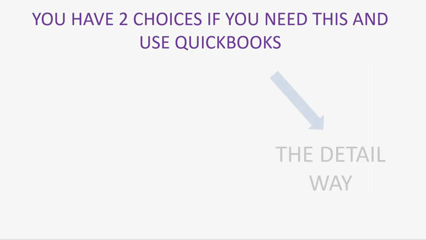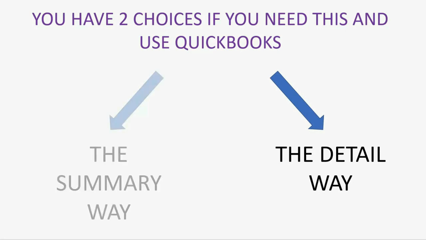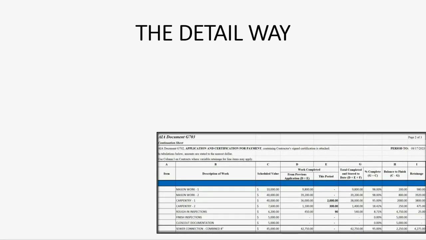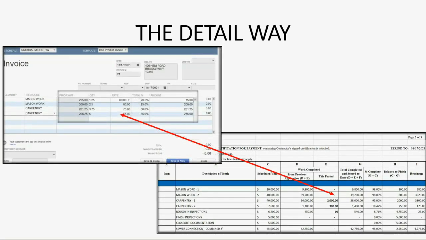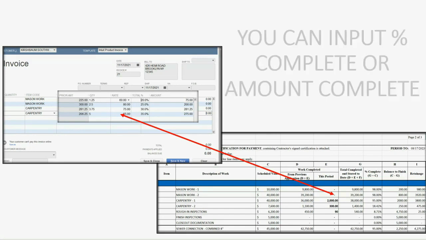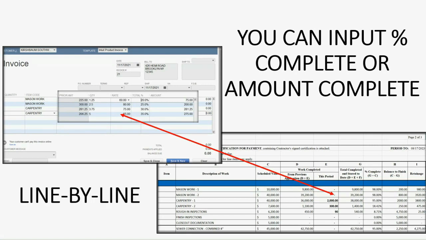You could bill in the detailed way, or you could record into QuickBooks in the summary way. Now, the detailed way means that you take everything line by line that's on the continuation sheet and the schedule of values in the A.I.A bill and make sure that matches line by line in the QuickBooks file in the invoice that you record for that phase of the job.